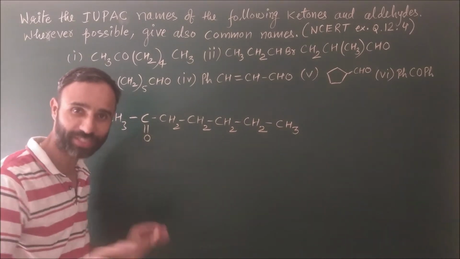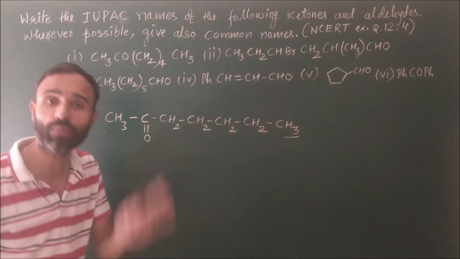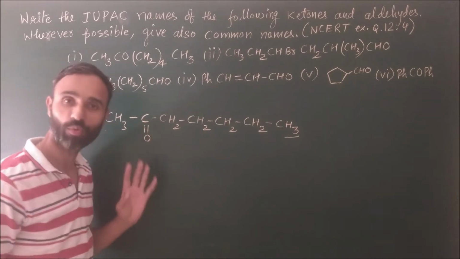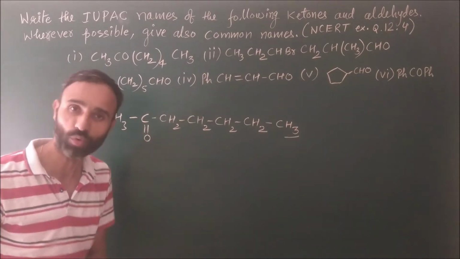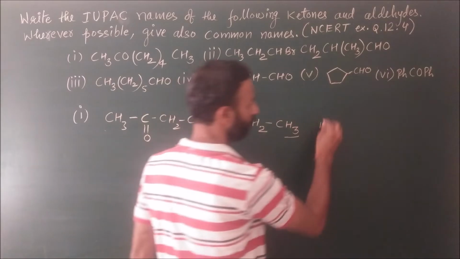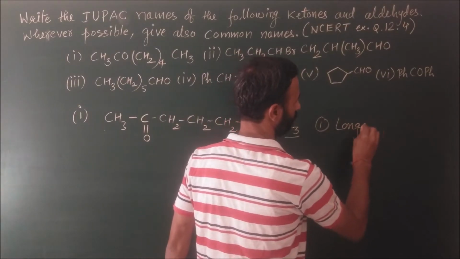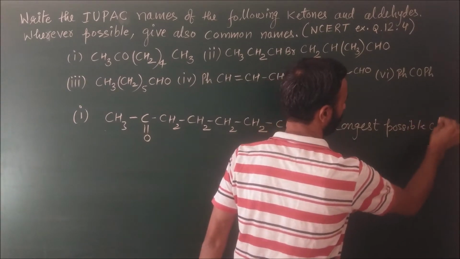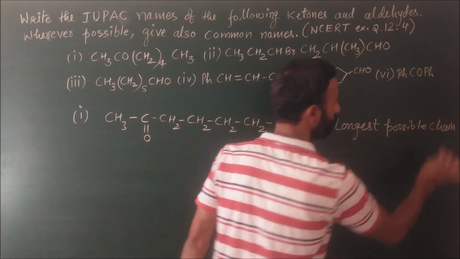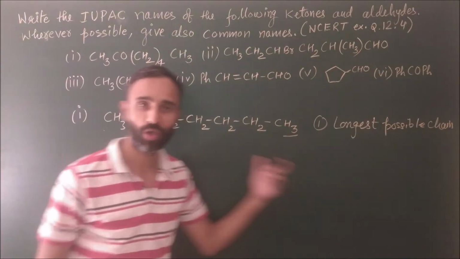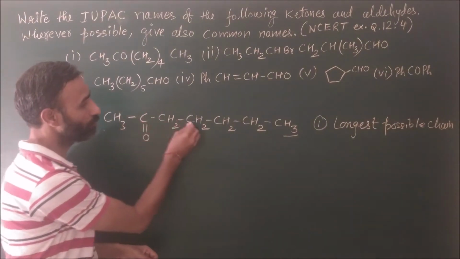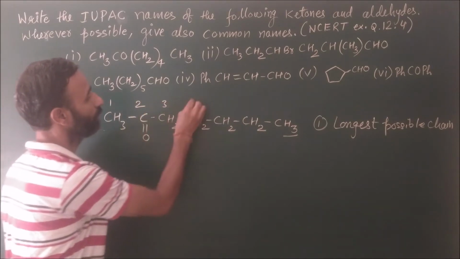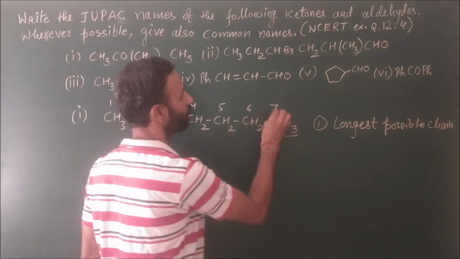Just compare your answer. We have to give the lowest number to the carbon of CO. This is the rule. What are the rules? First is the longest possible chain. Longest possible chain means 1, 2, 3, 4, 5, 6, 7.